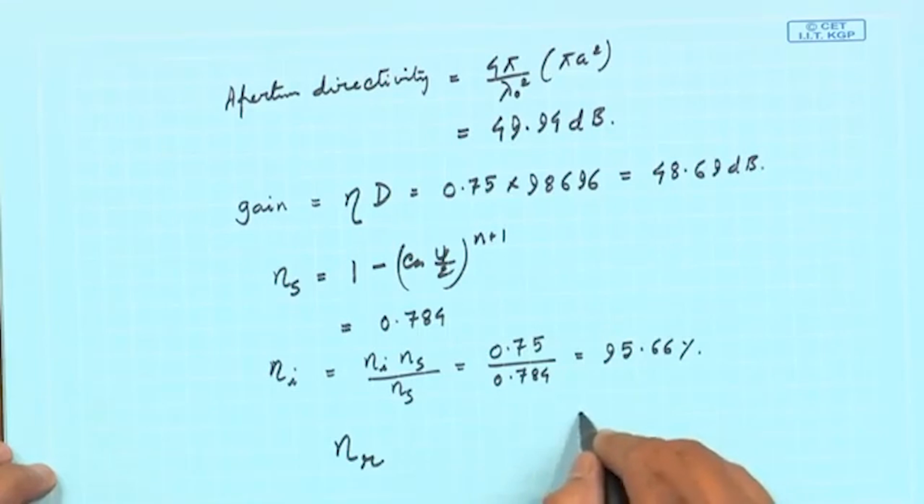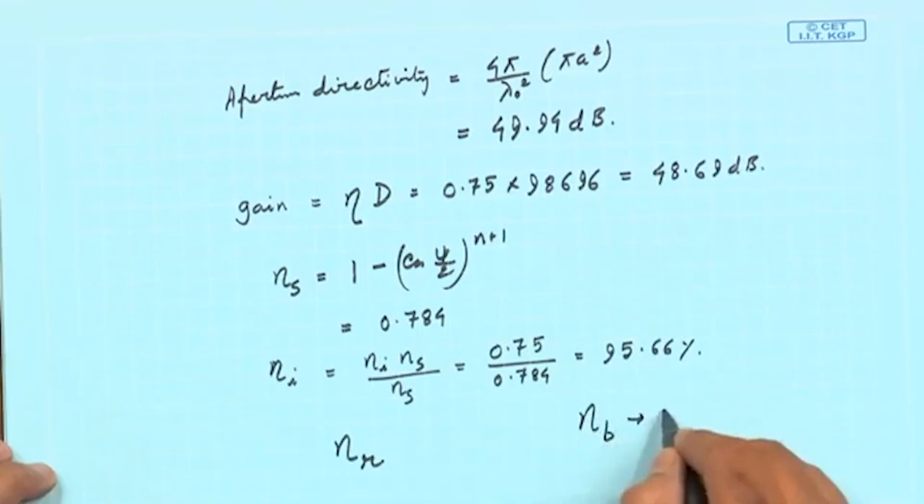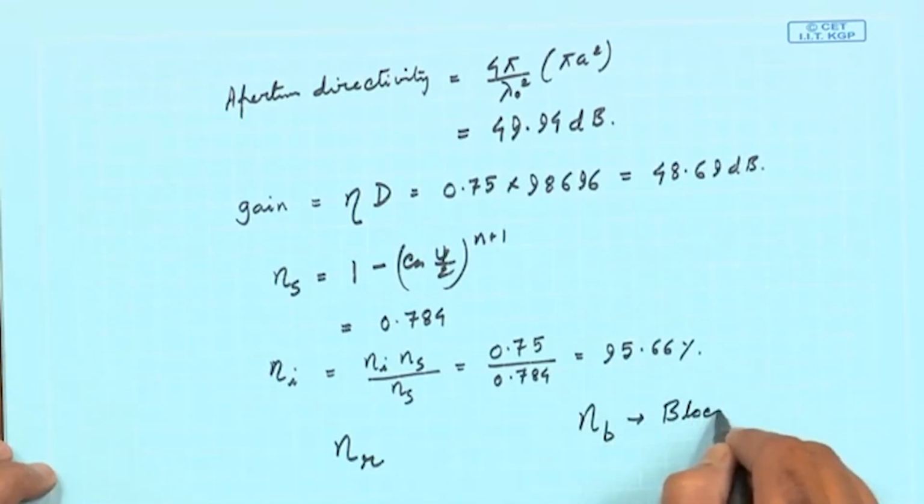That will reduce the sensitivity, but before that this efficiency will matter, because this feed is blocking this, that is called blockage efficiency. So, one was spillover, that all the power was not captured. Now, whatever is being reflected, the feed and its accessories are blocking that. So, there will be another thing which is called eta b, this is blockage efficiency.